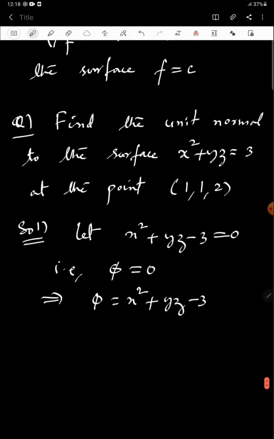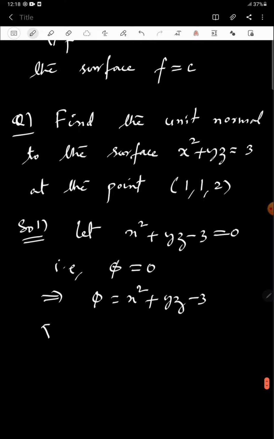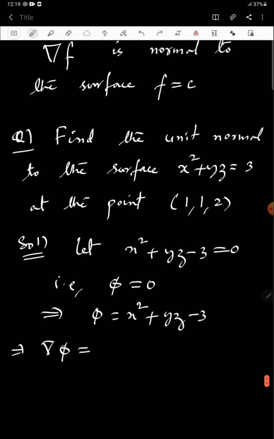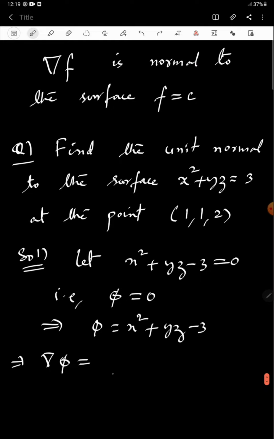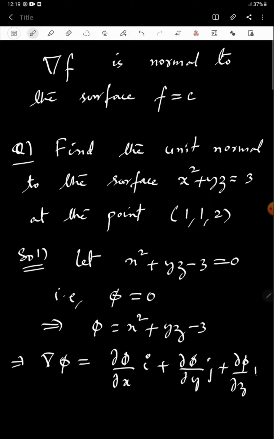What we need to do first is finding the gradient, del phi. No dot, no cross in between. Nothing should be used between del and phi, because del dot is for divergence and del cross is for curl. We will see that afterwards. Now just del with phi, that is dou phi by dou x with i, dou phi by dou y with j, dou phi by dou z with k.